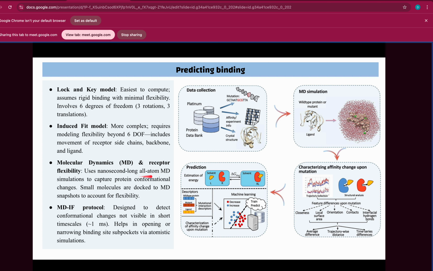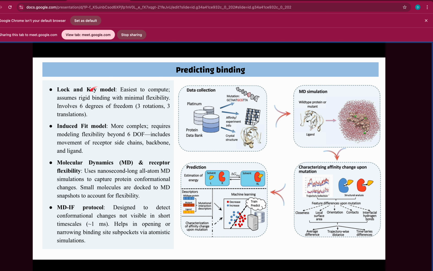This uses nanosecond long all atom MD simulations to capture protein conformational changes, and small molecules are docked to MD snapshots to account for flexibility. And next is the MDIF protocol, which is designed to detect conformational changes which are not visible in short time scales, which helps in opening or narrowing the binding site sub-pockets by atomistic simulations.